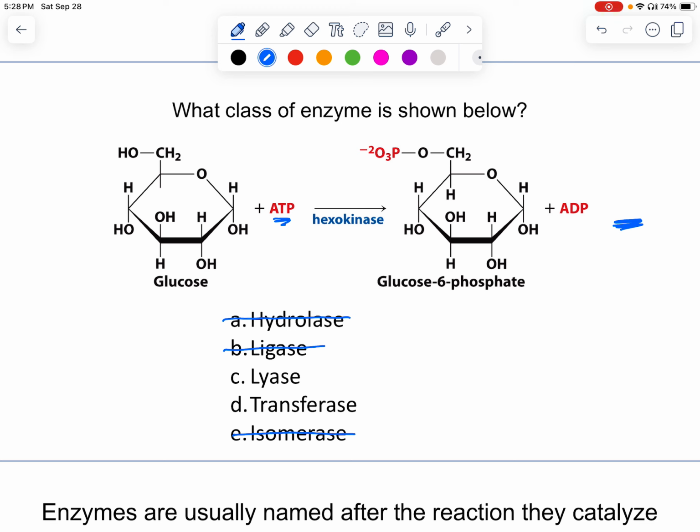What I do see here is ATP, triphosphate, and ADP, diphosphate. So this molecule had three phosphate groups, and one of those is being transferred to be bound over here. So this would actually be the transferase.